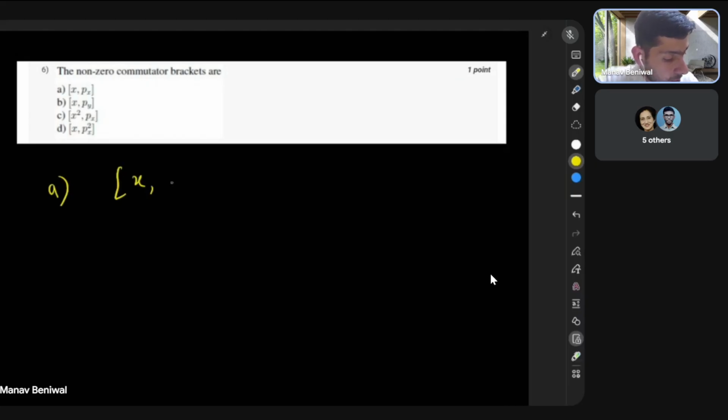So A is x comma px. Our x is the position operator and px is the momentum operator. Do our position and momentum operators commute with each other? Yes or no?